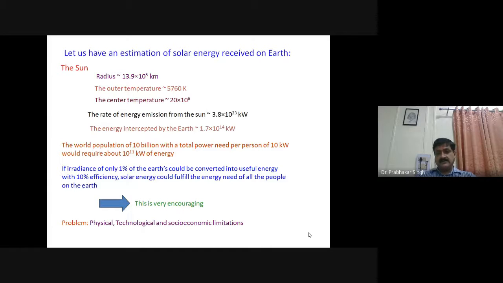It is very encouraging, of course, but again there is a but. There are physical, technological, and socio-economic limitations which we need to overcome before we think that solar energy alone would be one of the best options, the only option.